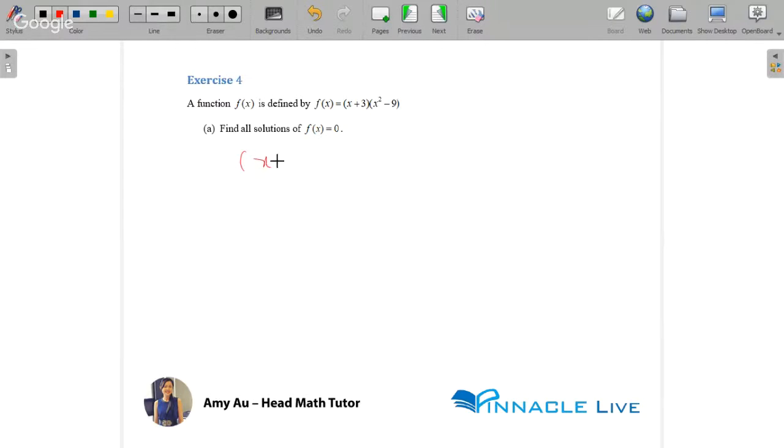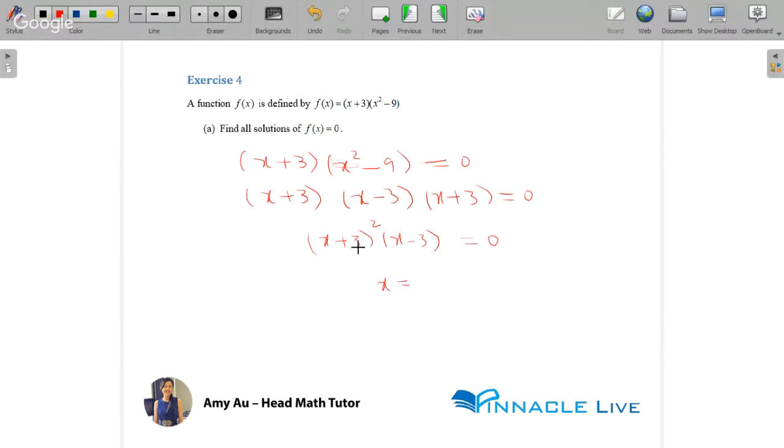So this is already factorized. I'm going to factorize that a bit further using the difference of two squares. Okay, so we can see that I've got -3 from the first factor and 3 from the second factor.